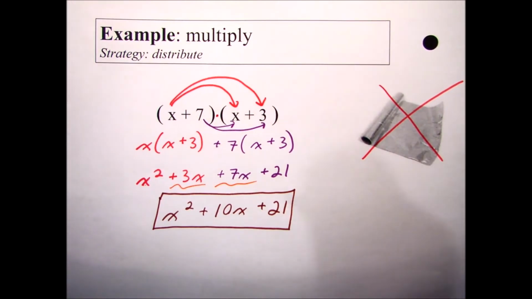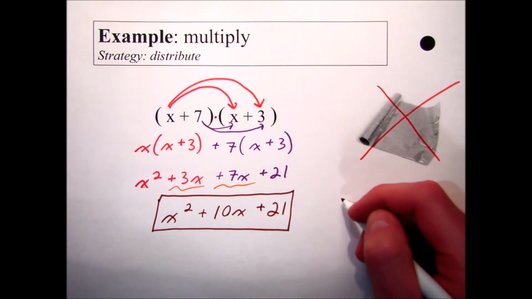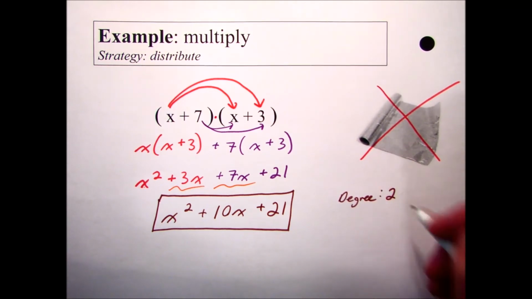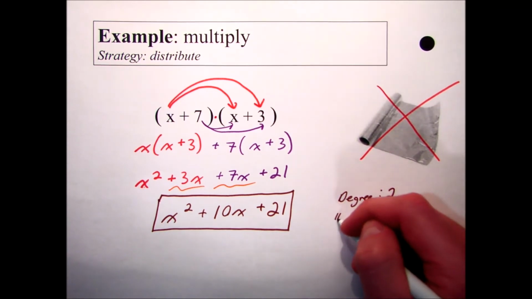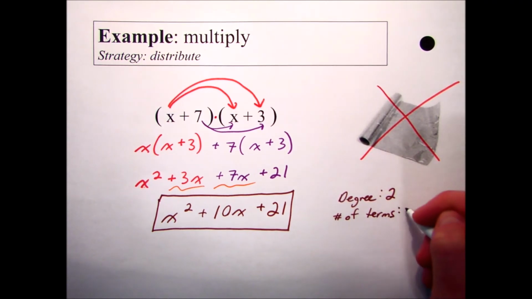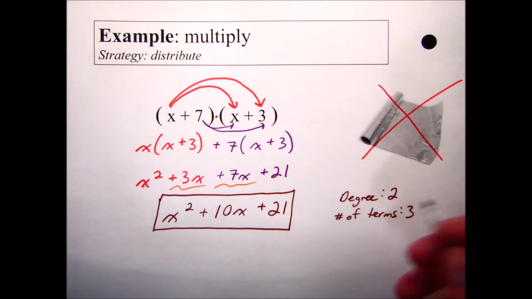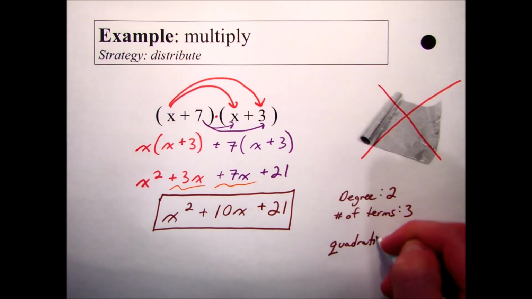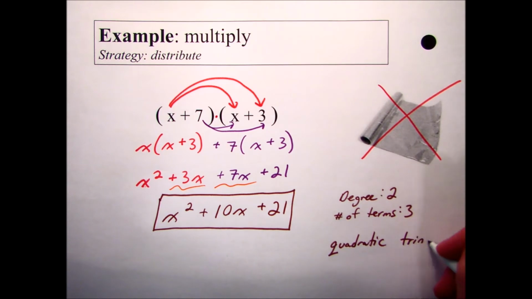That is our final answer, and if we were to classify our answer, its degree would be 2. Number of terms is 3, and that makes it a quadratic trinomial.